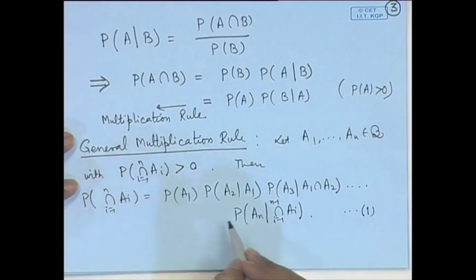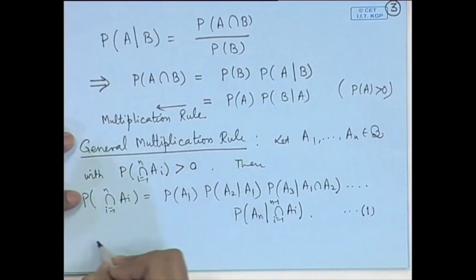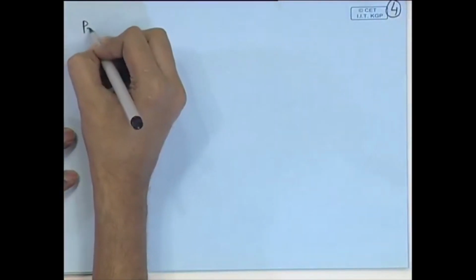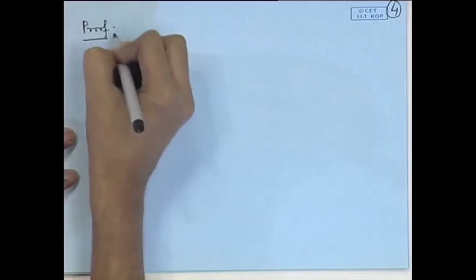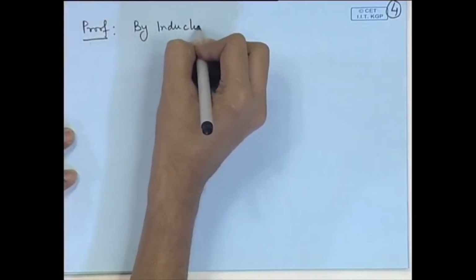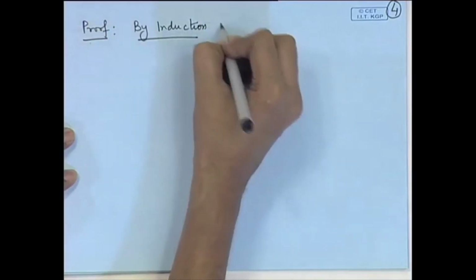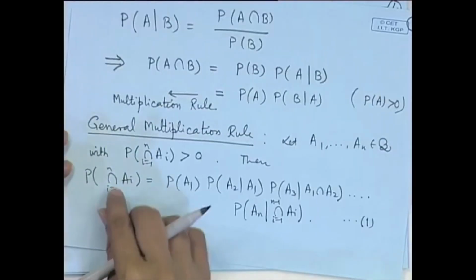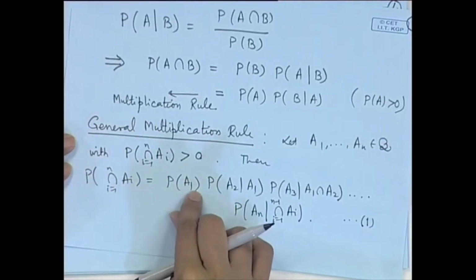In order to prove this one, we can follow induction. By induction, for n equal to 1, the statement will reduce to simply probability of A1 is equal to probability of A1, which is trivially true.